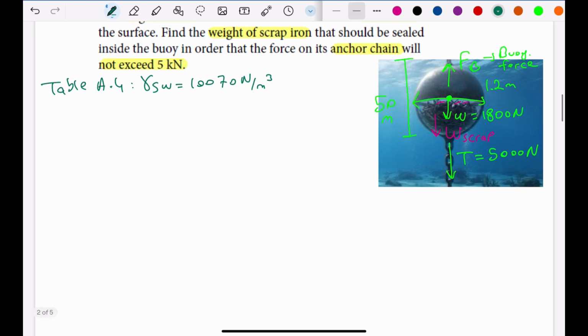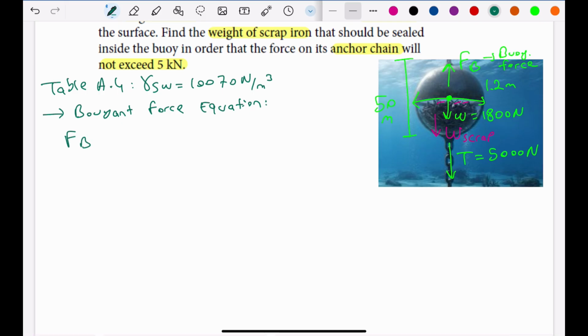Okay, so first of all, we need to write the buoyancy force equation. FB is equal to specific weight times the displaced volume. And we have the value of specific weight times volume.